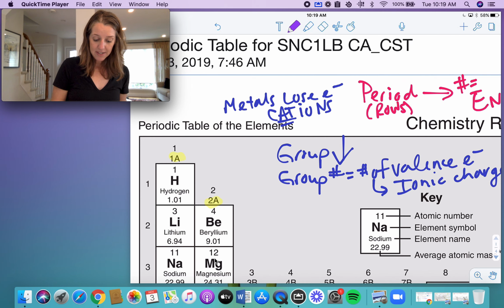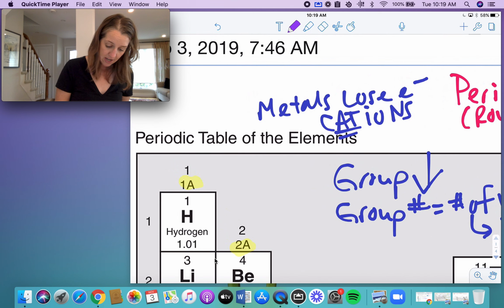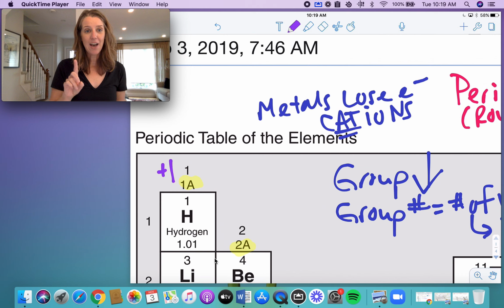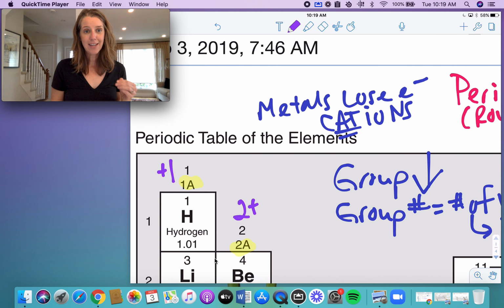So all of the elements in group number 1 will end up with an ionic charge of +1, because that 1 valence electron would like to leave the atom, and that is a trend of the periodic table. Everything in group number 2 will have a 2+ charge. Metals like to lose electrons. They become positive ions, and the term for that is a cation.